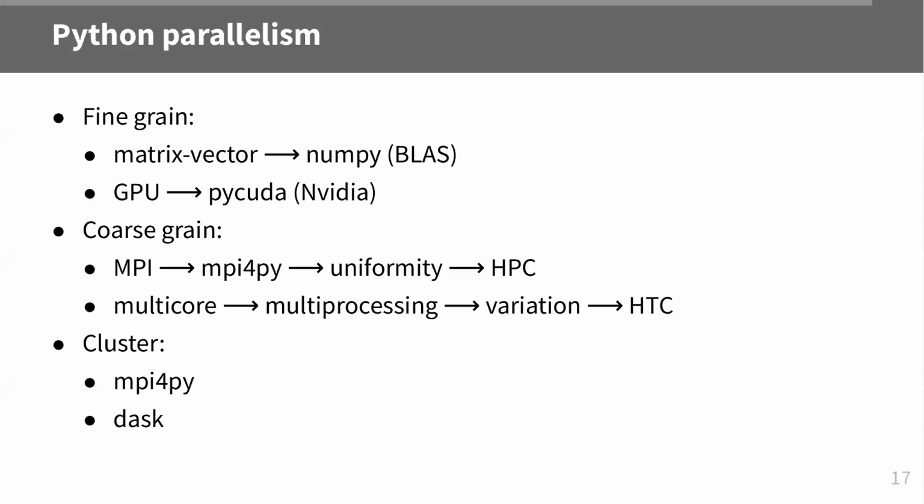Now, if you don't have that, or if you don't need the inter-process communication of MPI, in other words, you have more of a high throughput computing problem where the data is processed more independently, then you would use one of the multi-core approaches in Python, like the multiprocessing module.